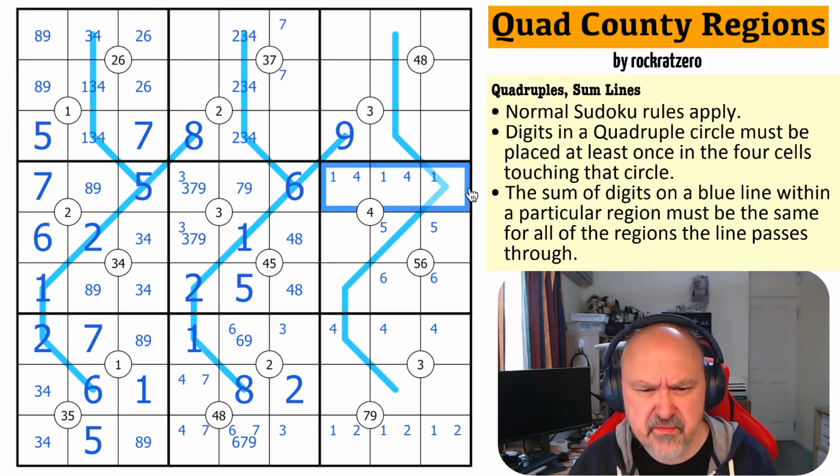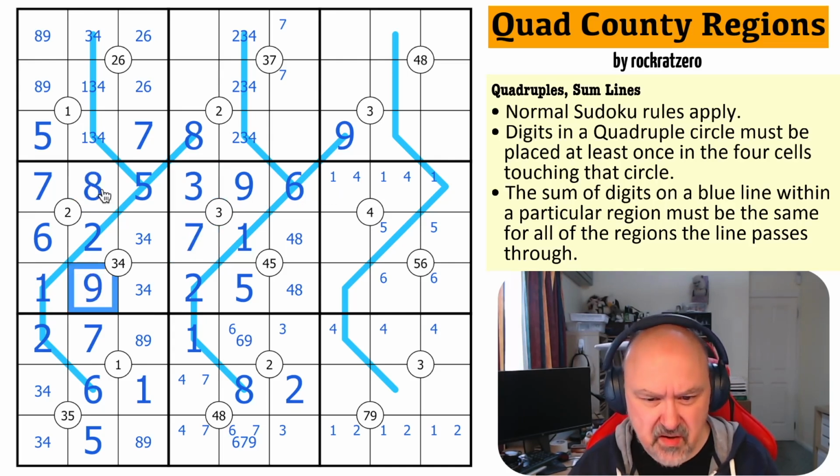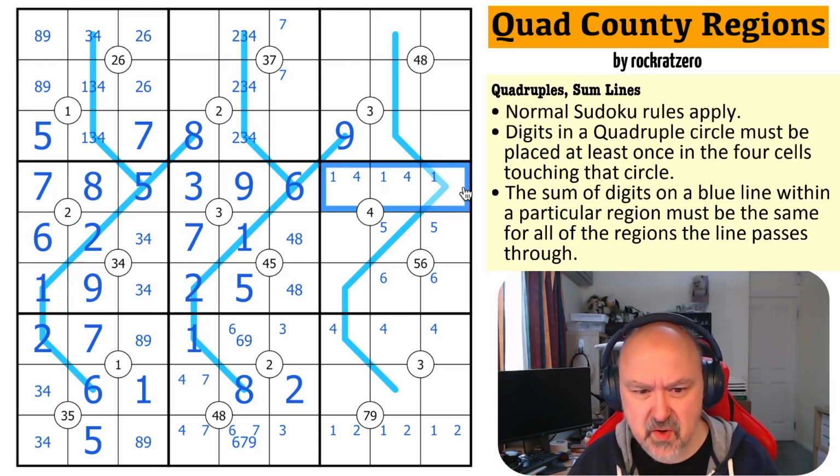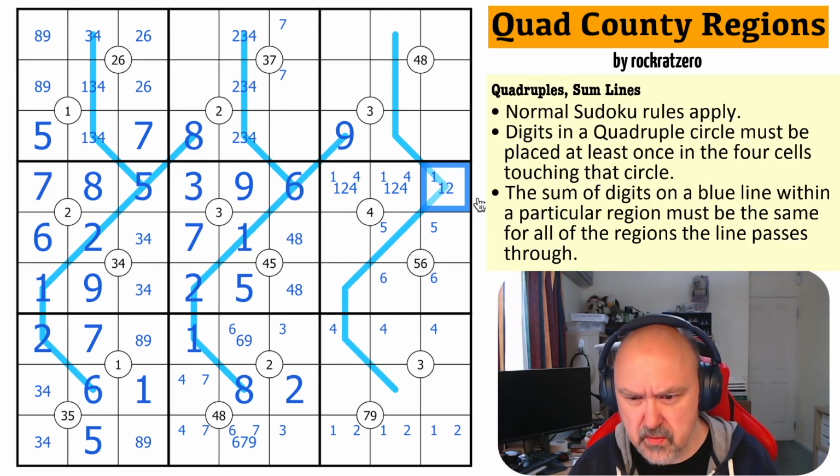Is this 1, 2, and 4? What's going on? Right, the 7 here makes this 9. So this is not 7 or 9, it's 3. And this is 7. The 9 makes this 8, which makes this 9. And now this is 1, 2, and 4. And this is not the 4. Okay, 1, 2, 4 in there.